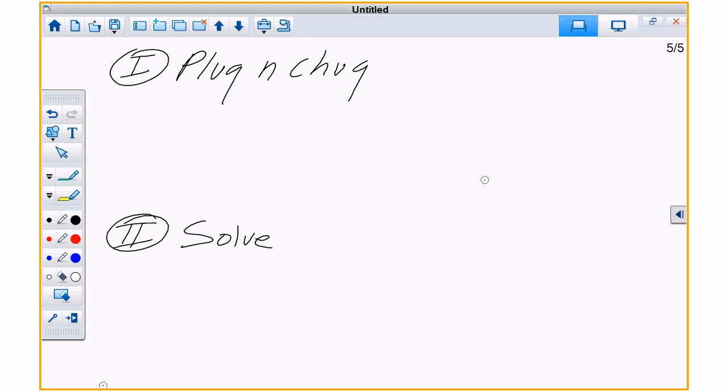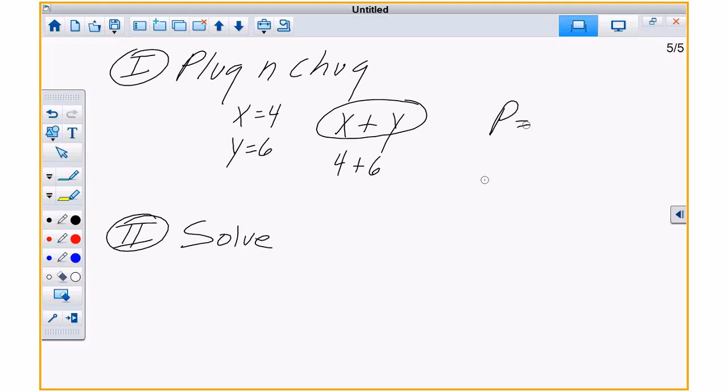Plug and chug. X is equal to 4, Y is equal to 6. X plus Y. You plug and chug. 4 plus 6. Now this is an algebraic equation or algebraic expression. I can change that and say perimeter is equal to 2L plus 2W.